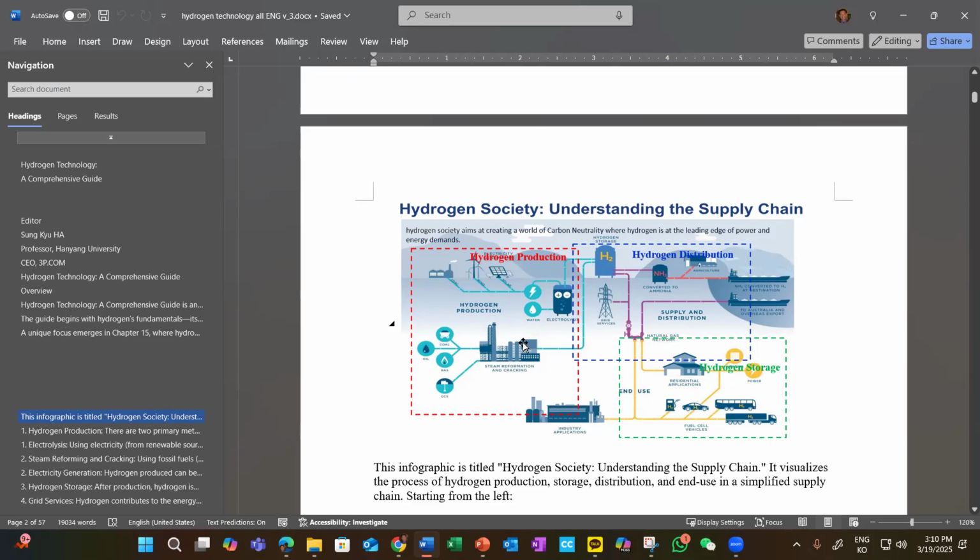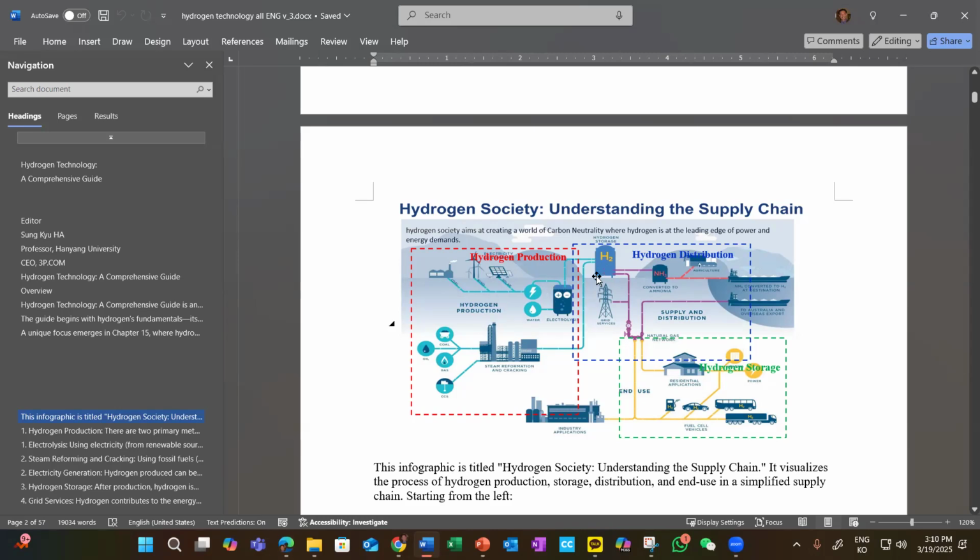In steam reforming and cracking, we use CH4, methane, and we get H2. We will review how to produce hydrogen today. There can be very different methods, depending on the method and on the source of electricity. So we color them. There are many different colors depending on the method.